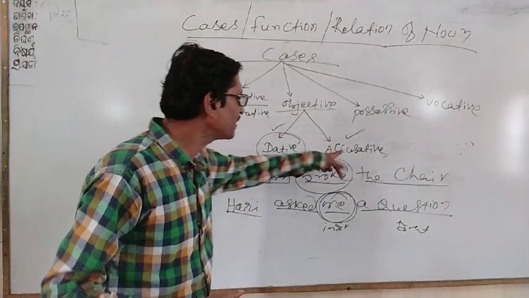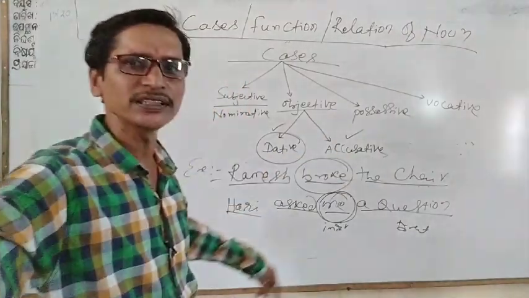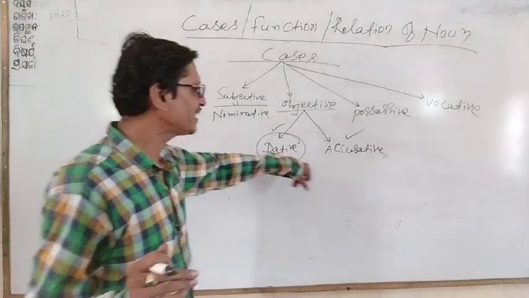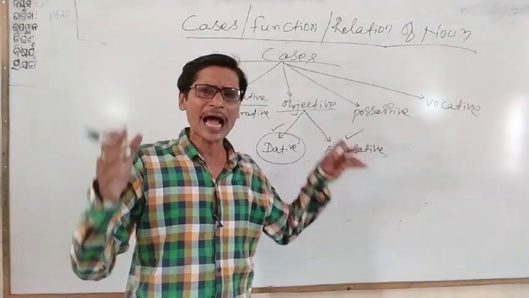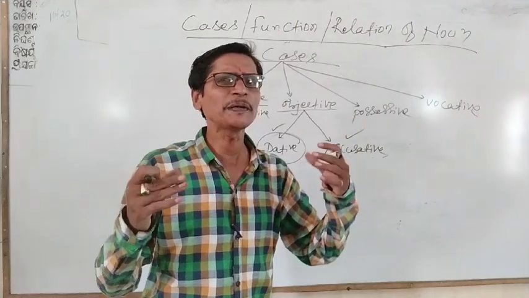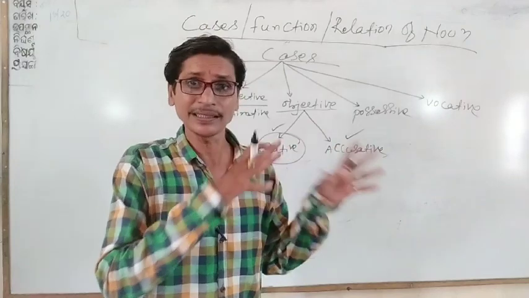The next topic we will discuss now is accusative. As we understood what is dative, now it is accusative. Accusative means when a noun functions as the object of a preposition, it is not influenced by the verb.